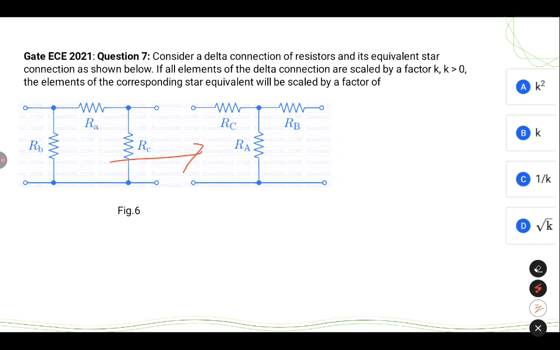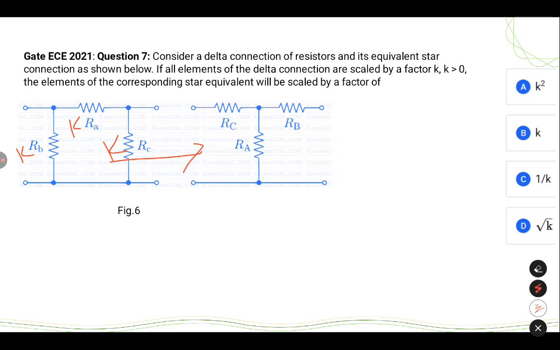Suppose they become kRA, kRB, kRC. Now they are asking by which factor the resistors of the star will be scaled.